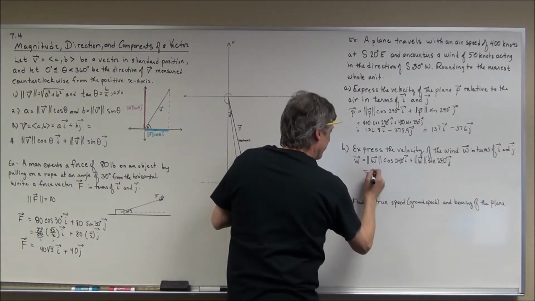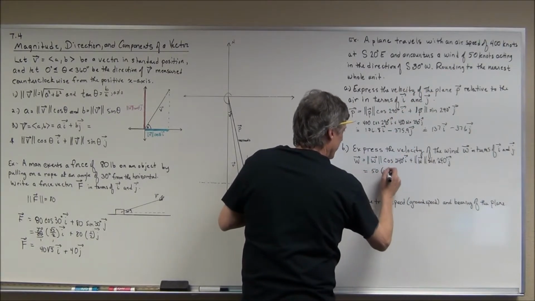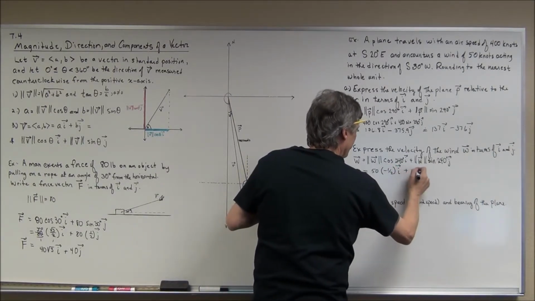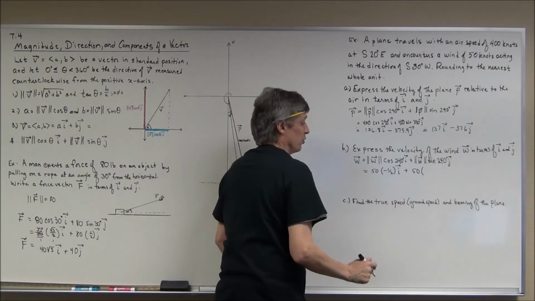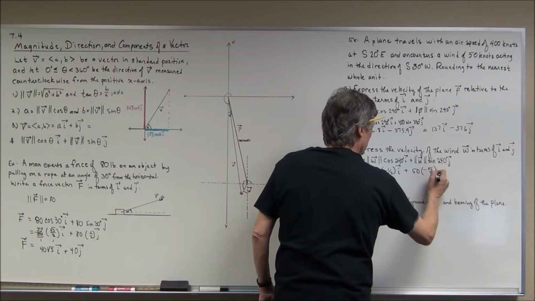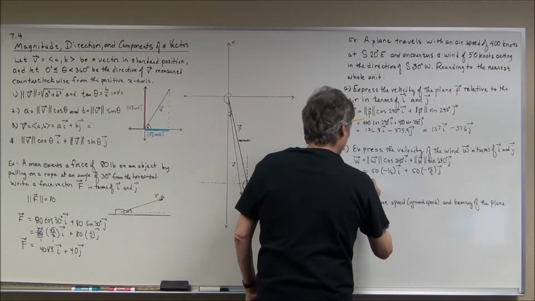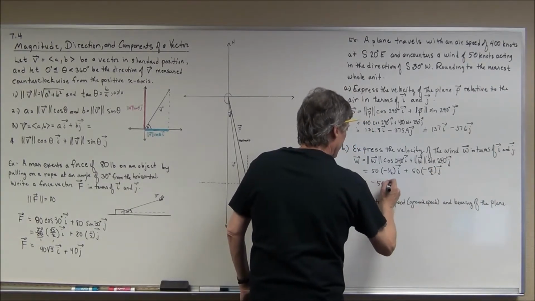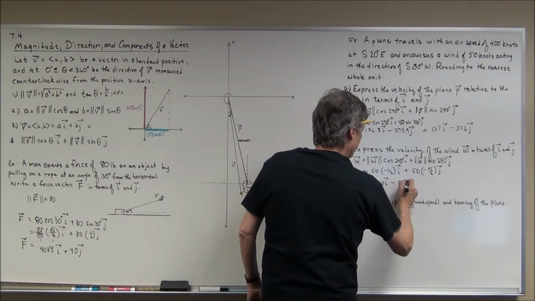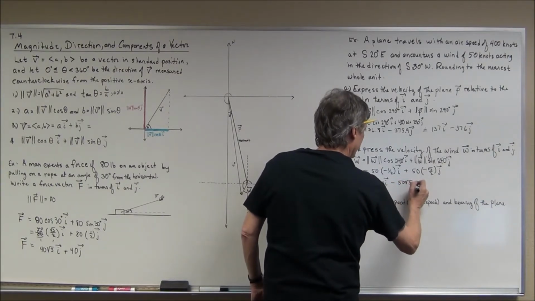So I'm going to get 50 times negative 1/2 I plus 50. Now the sine of 240 degrees is negative square root of 3 over 2 vector J. So this is negative 50I minus 50 square roots of 3 vector J.